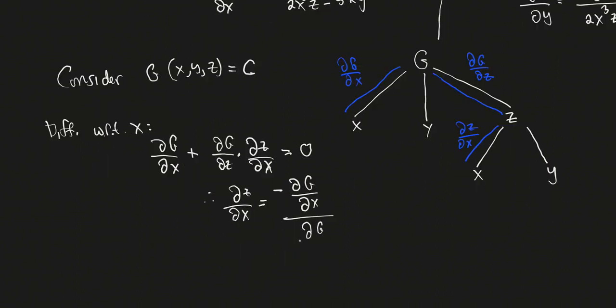So dg dz. And okay, a simpler way to say it, if I use the subscripts now: if my surface is of this form, and I want to find the partial derivative of z with respect to x, I can just differentiate this whole expression with respect to x, so that's negative g sub x, that's what this is telling me, divided by g sub z.